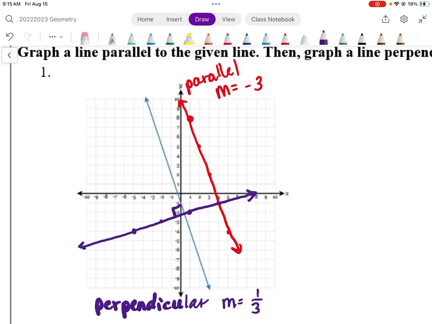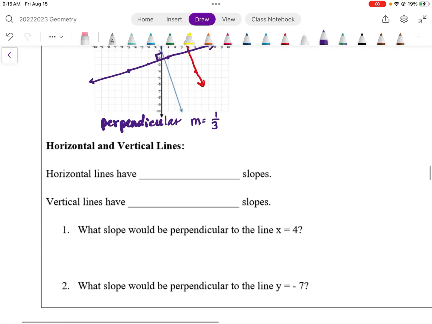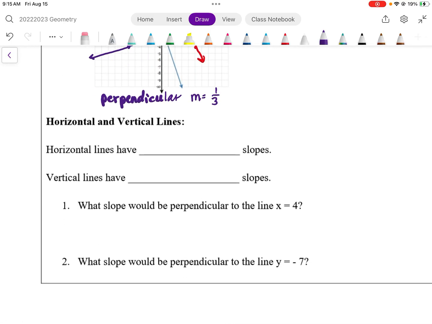And that purple line should look like it's intersecting at 90 degrees. I'm going to put my 90 here. So that's how you construct parallel and perpendicular lines. You use the slope of the line you're given, which we practiced counting slope, rise over run in previous videos.